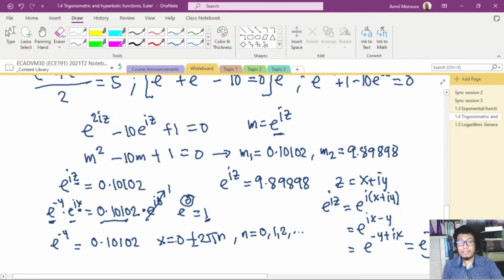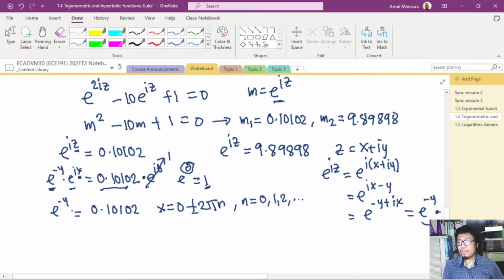To find the value of y, we will apply the natural logarithm on both sides. So this should give us negative y times the natural logarithm of e equals 0.10102.